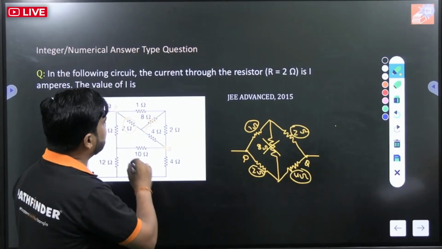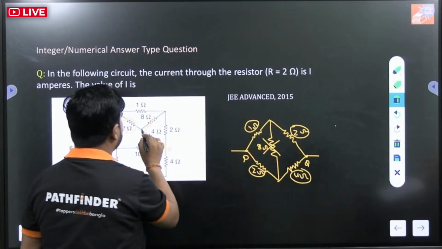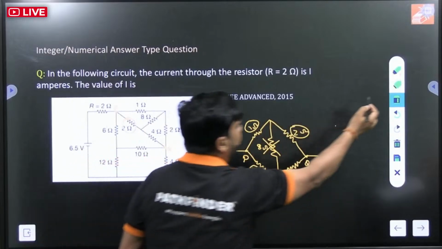Alright, if this is insignificant, if I remove this 8 ohm, let me remove it.